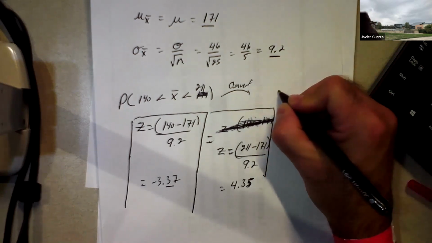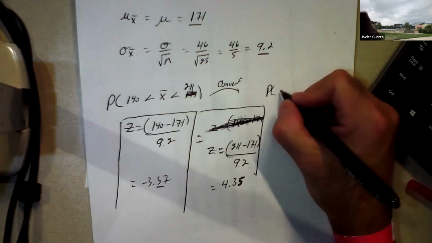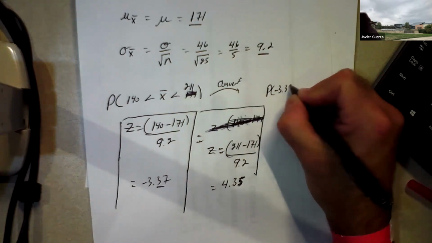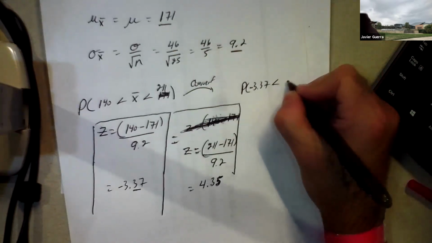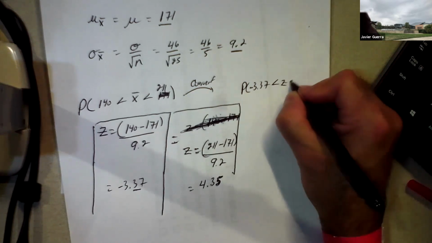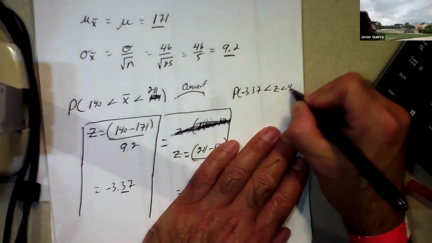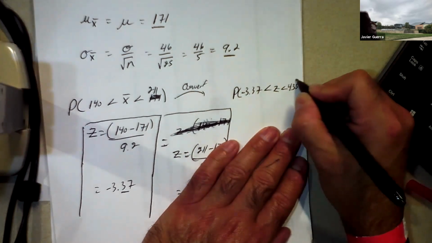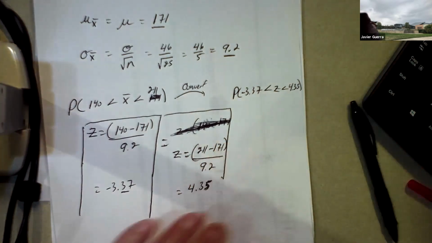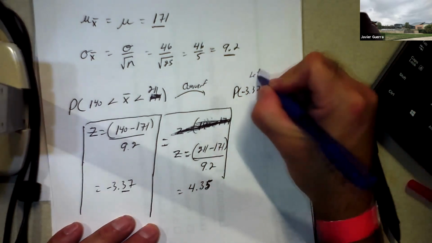So now I have to do my probability of negative 3.37 less than Z less than 4.35. That's left.